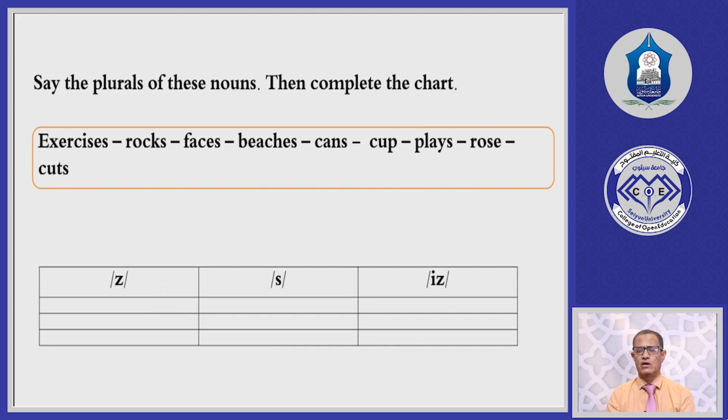You have to add s to some of these nouns and then classify them. In which group should they be written? Is it pronounced z, or s, or iz? You have to classify them according to the chart you have.